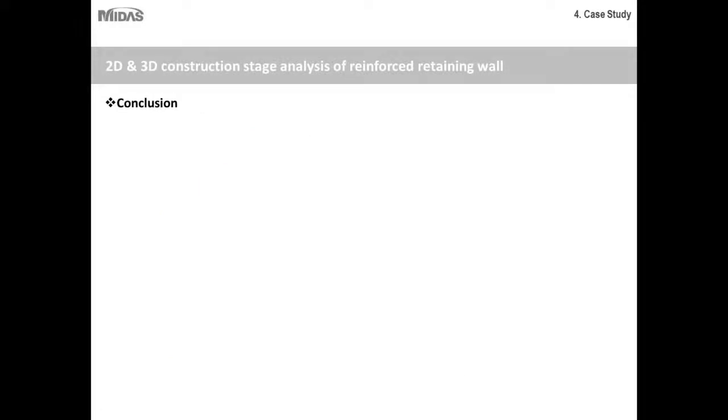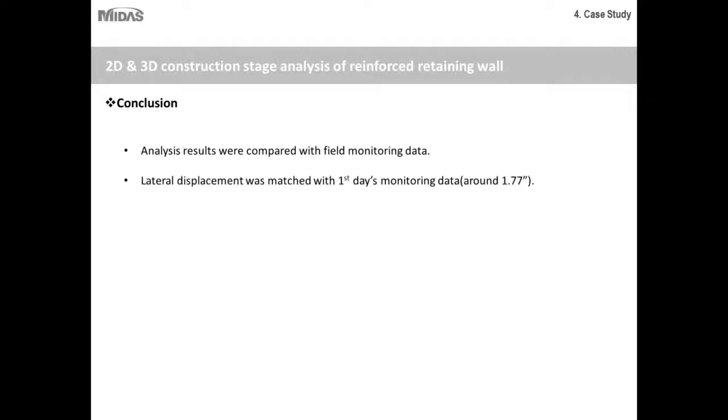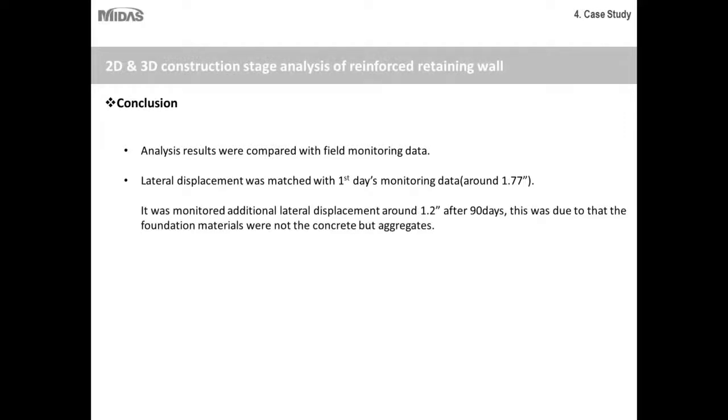Then they took these two sets of results and compared them with the field monitoring data. So I'll directly share with you the conclusions of the finding. The analysis results were compared with the field monitoring data. First, the lateral displacement was matched with the first day's monitoring data, and this value was around 1.77 inch.